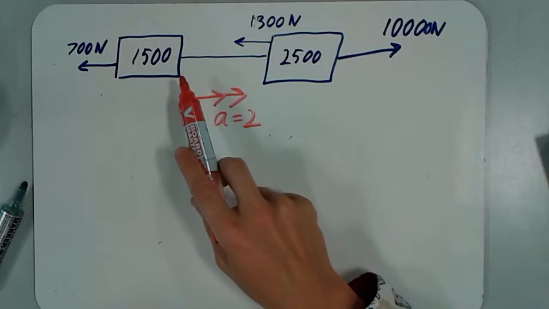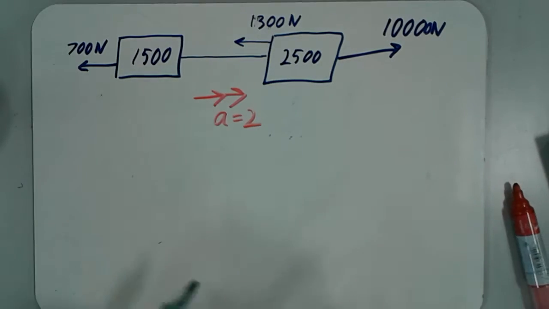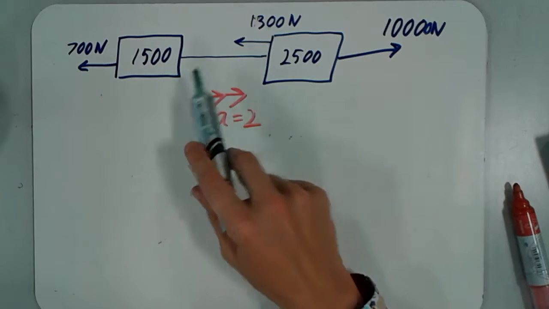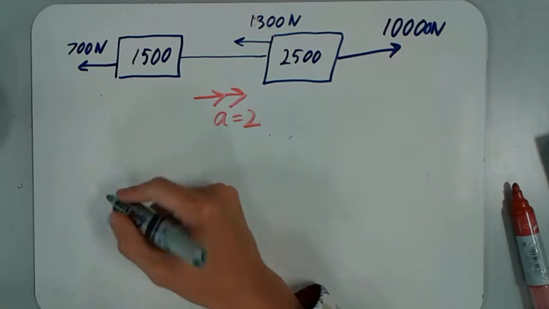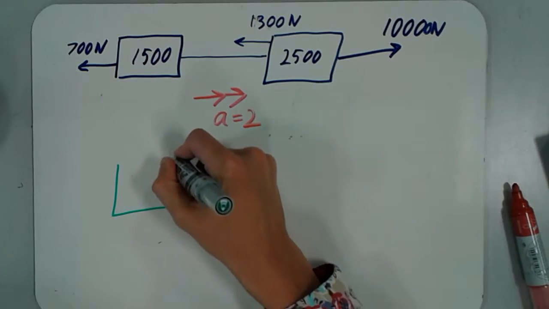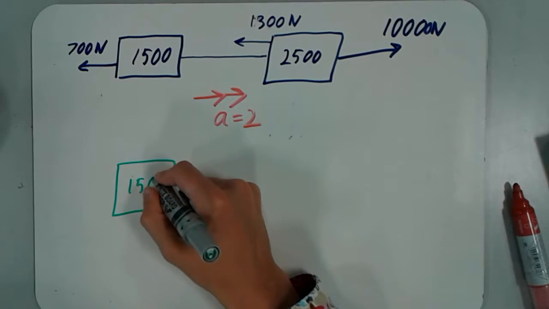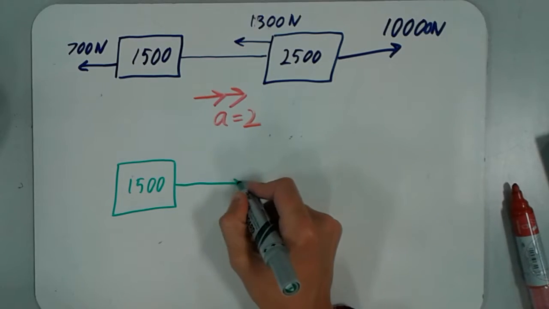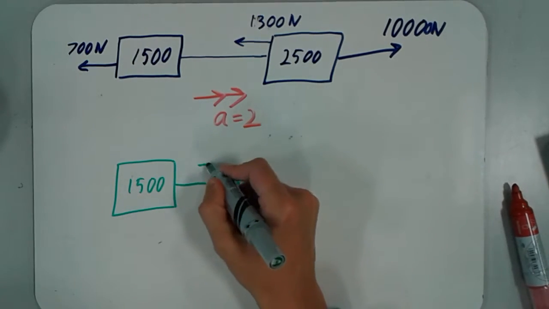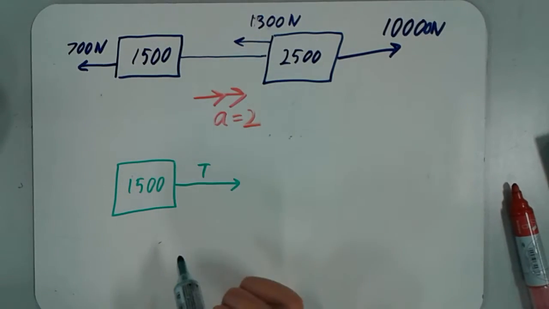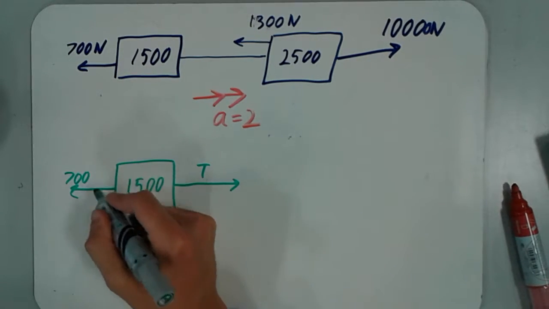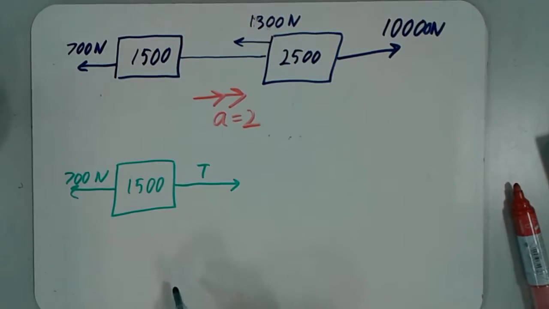Now let's consider just one of the particles. Usually, it's easiest to consider the caravan as it has no engine. There are fewer forces to consider. So we've got a caravan of mass 1,500. The only force accelerating this is the tension in the tow bar, and it has a 700 newton resistance force.